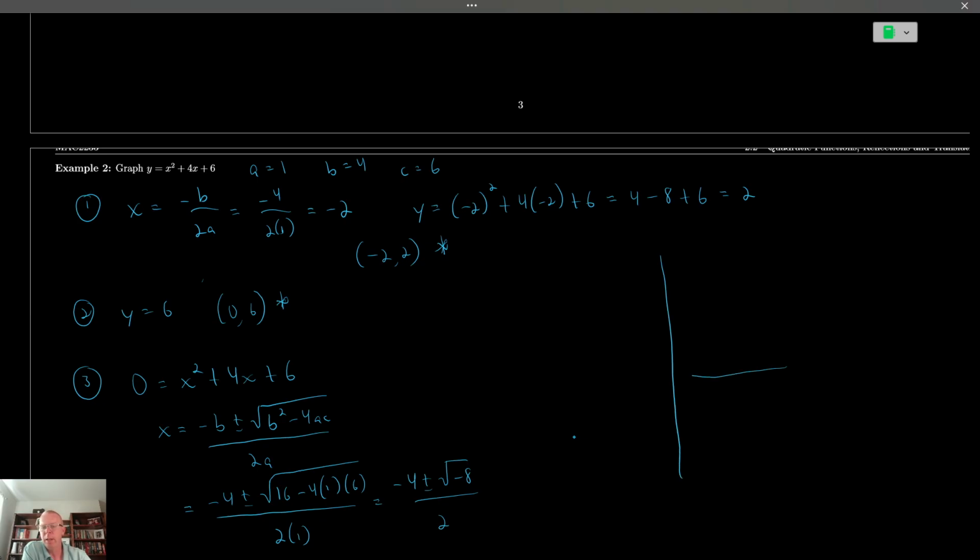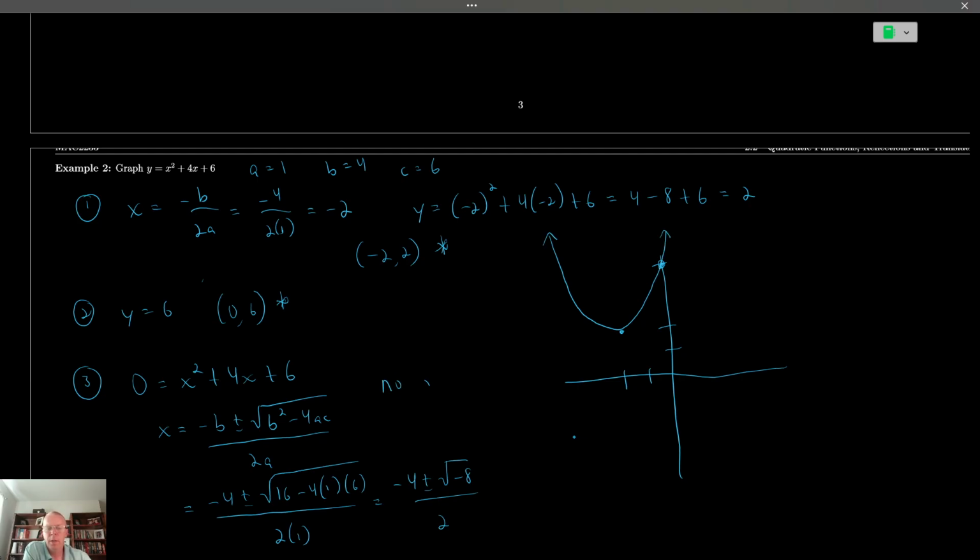And we'll probably see when we get over here, 1, 2, so there's -2, and there's our vertex. The y-intercept is 6, so we'll call that there. And like I said on the last one, this is going to not cross the x-axis.